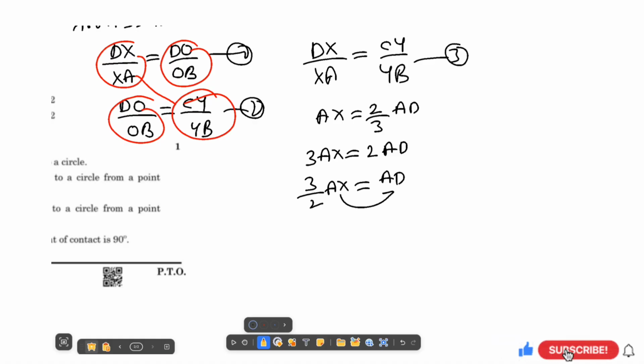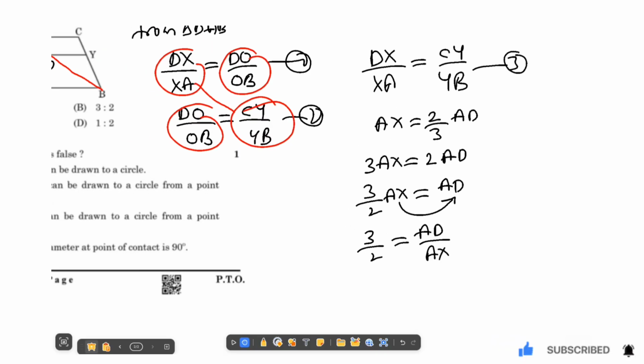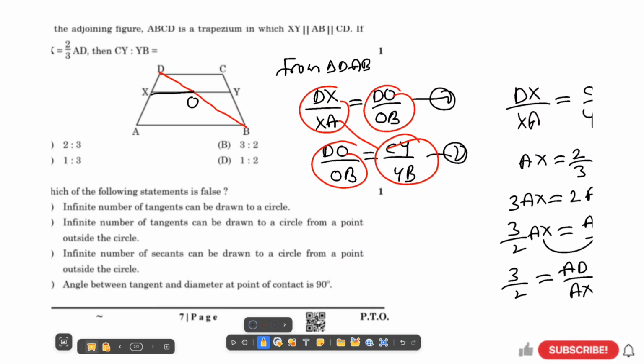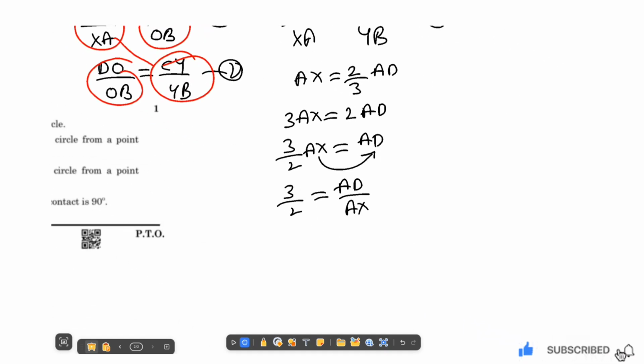Now send Ax to the right side. So 3 by 2 is equal to AD by AX. Now here, this AD can be written as dx plus XA. So in place of AD you can write dx plus XA.